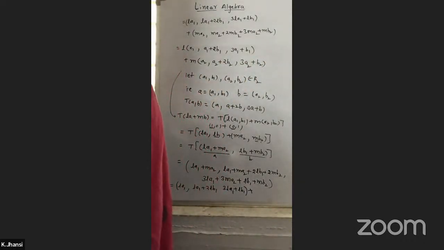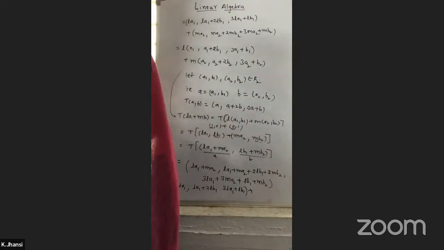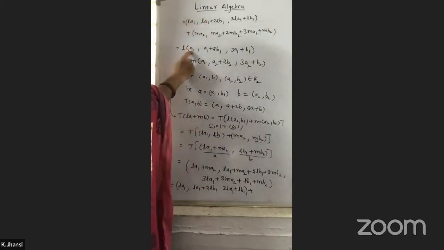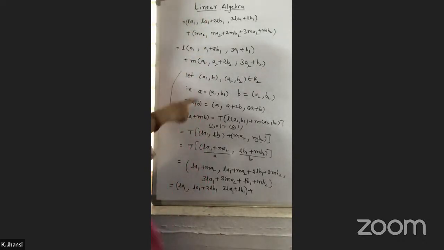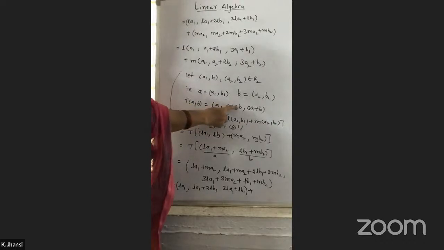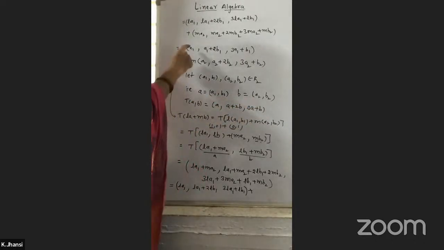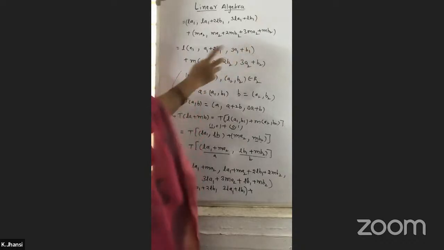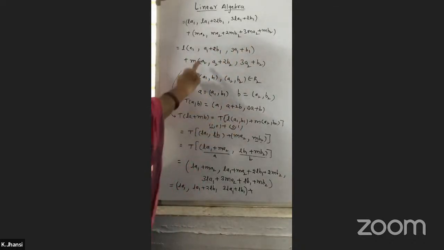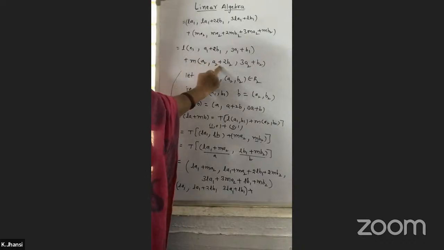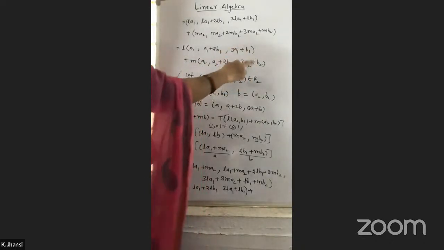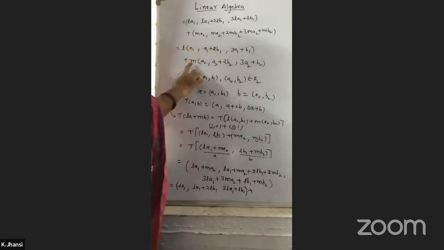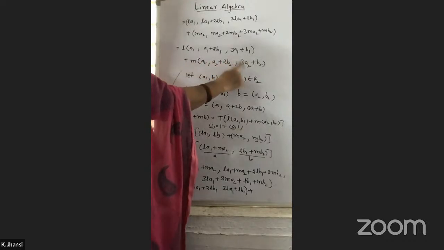So by seeing that, can you understand what it is? It is L into, instead of A, what is first starting, P of A comma B, we defined A plus 2B, 3A plus B. That means this is (A1, A1 + 2B1, 3A1 + B1). Next, plus M into, again, A plus 2B, 3A plus B. So that means this is L of T of A1 comma B1 and this is plus M of T of A2 comma B2.